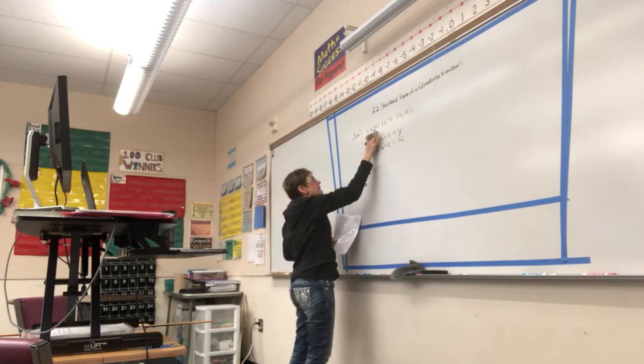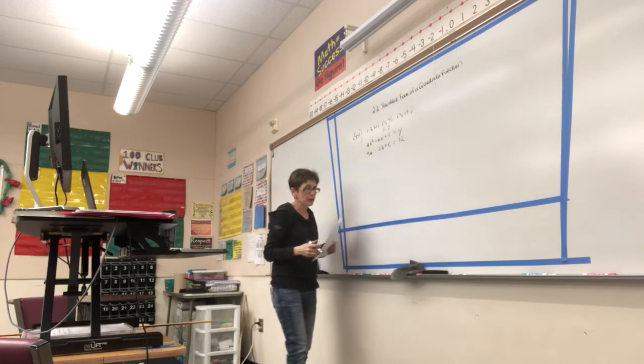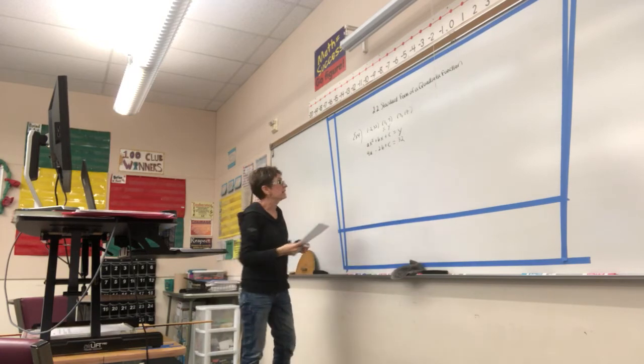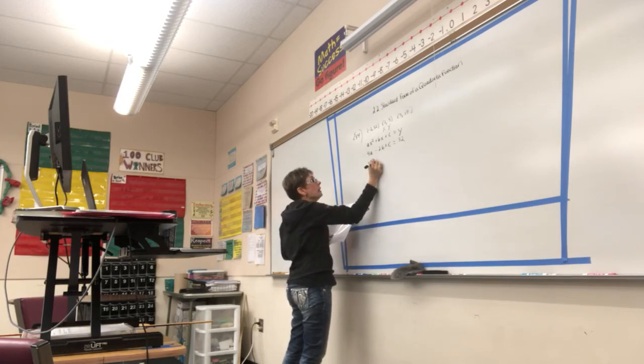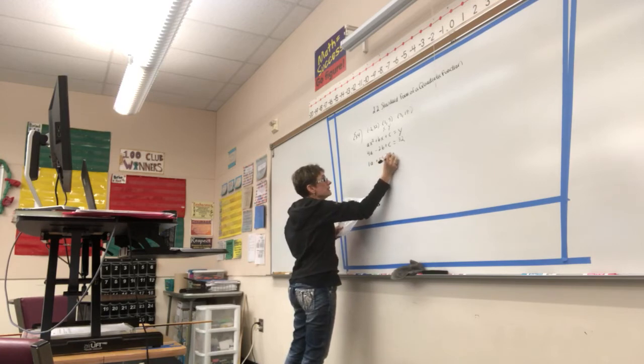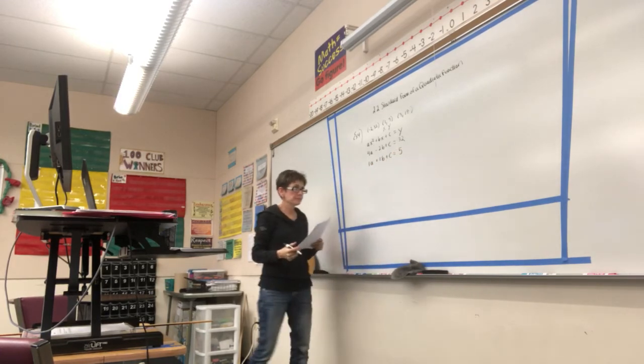Now let's look at the second point, where x is 1 and y is 5. We plug 1 in for each of our x's, so we have 1 squared times a, or just 1a, plus 1b plus 1c equals 5.